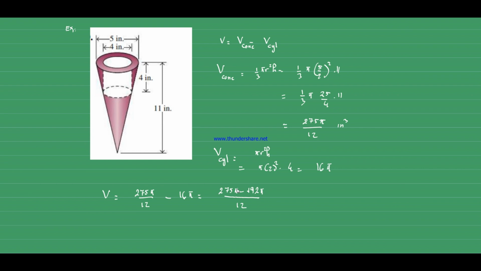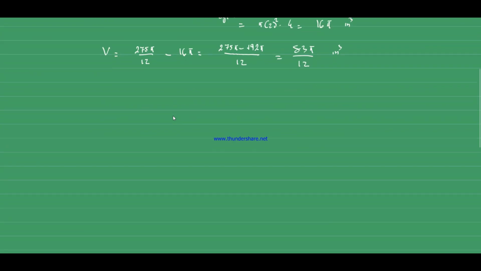You subtract and that gives you 83 pi over 12. Unit is inch cubed. See? It's not that hard, right? As long as you recognize the shape, then you know what formula to use. Alright, now let's see if we can do another one.